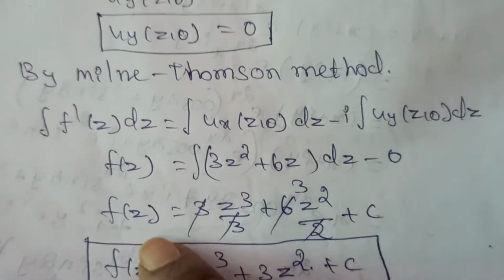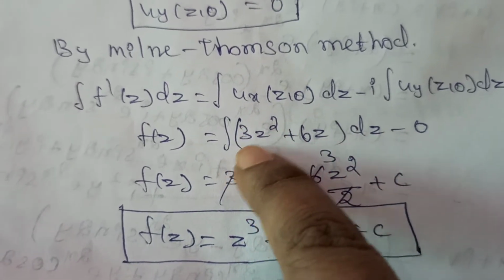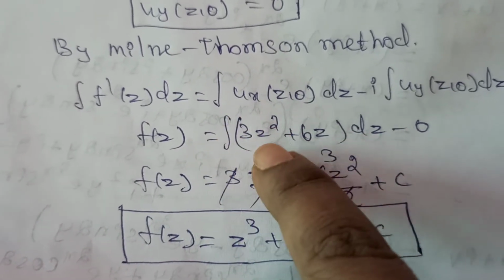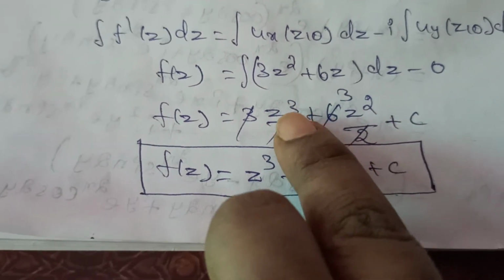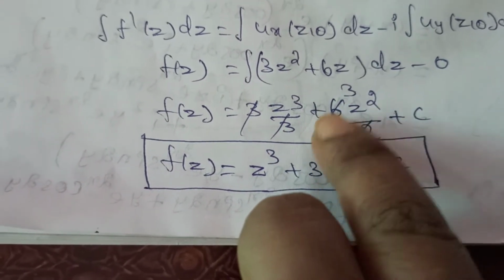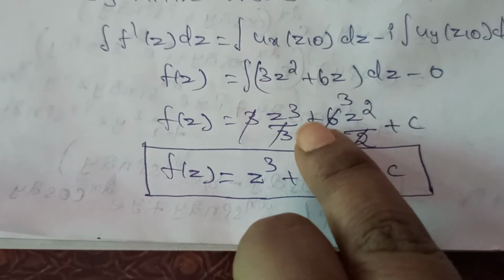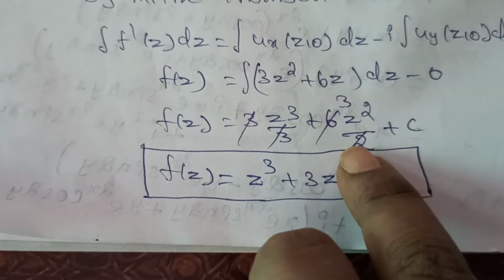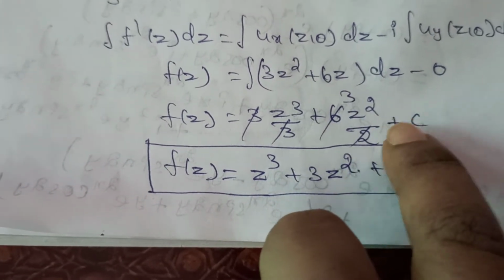Therefore, f of z is equal to integration of this value. 3 is a constant, take it outside, integral of z square is z cube divided by 3, plus 6 taken outside, integral of z is z square divided by 2, plus c.